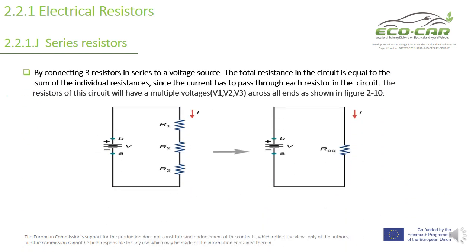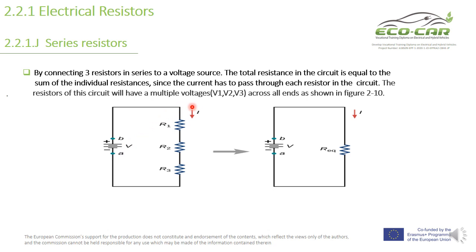For example, by connecting three resistors in series, R1, R2, R3, to the source of a battery or voltage source, the total resistance in the circuit is equal to the sum of the individual resistances, since the current from this power supply, or from this voltage source, has to pass through each resistor in the circuit.